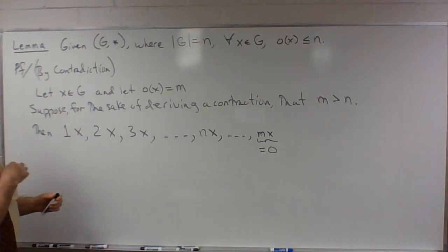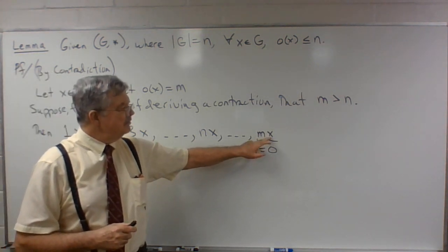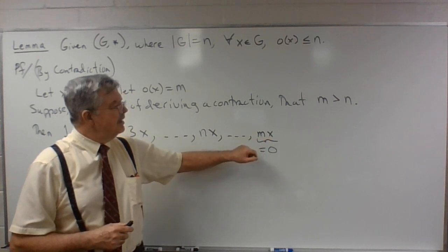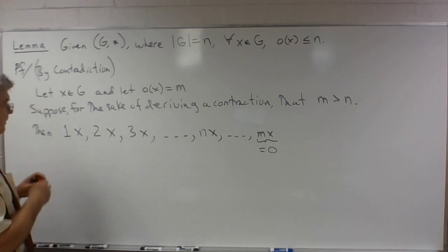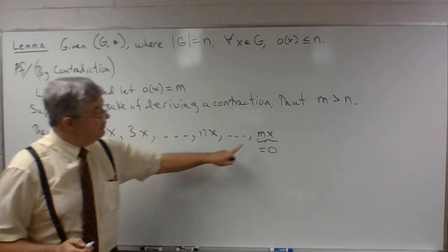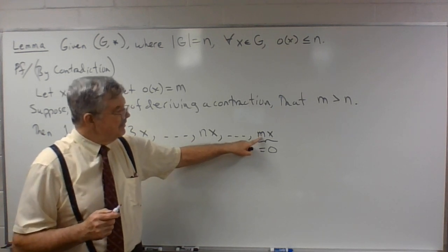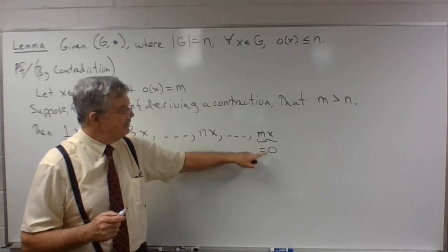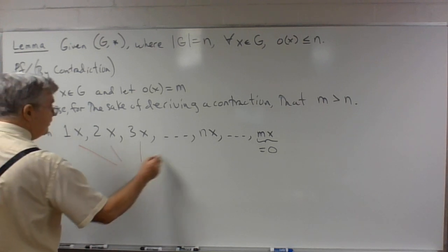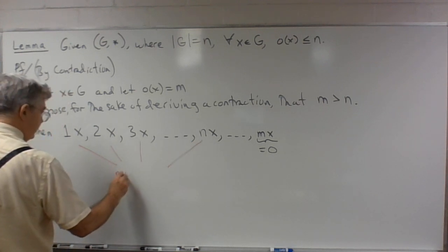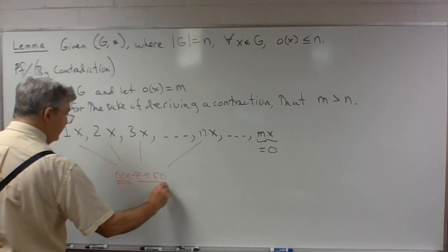So we have to add x to itself m times to get the identity. Or we have to multiply x by m to get 0, the identity. Which means, since m is the least natural number such that mx equals 0, that all of these other guys are non-zero.